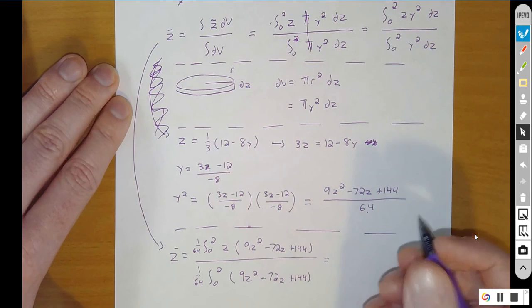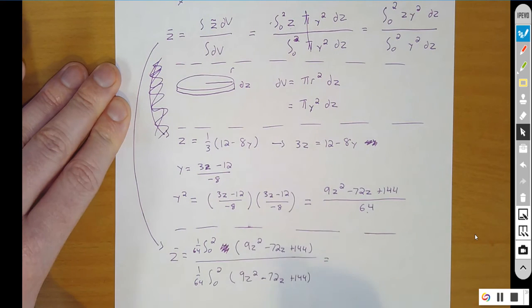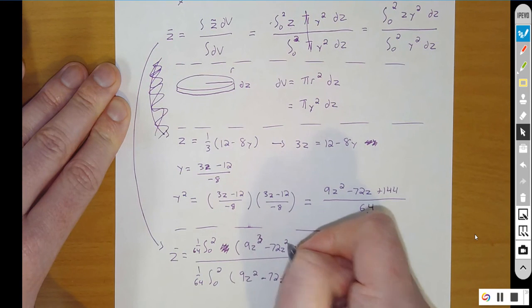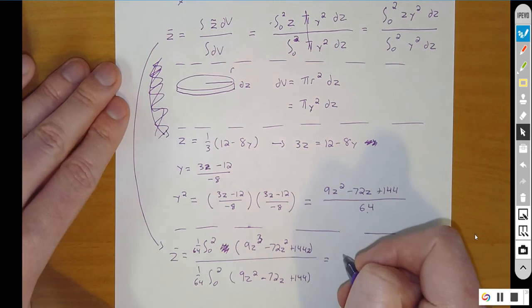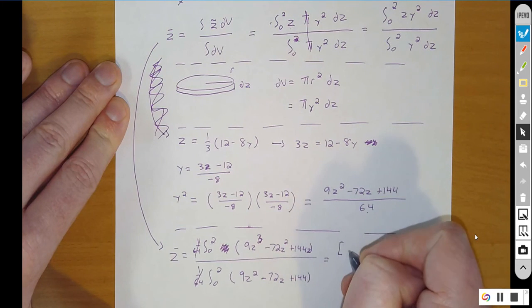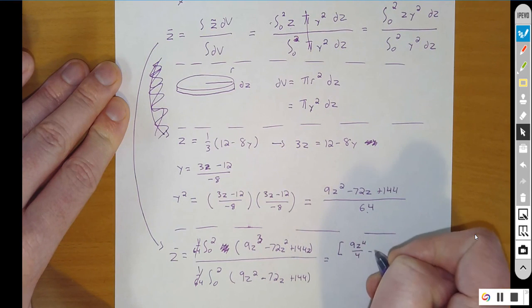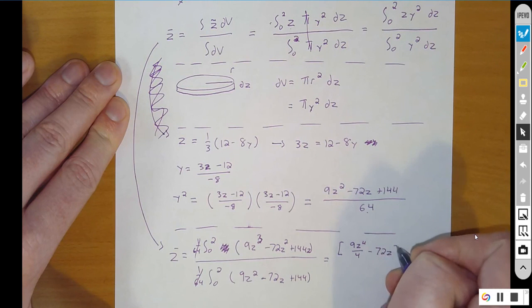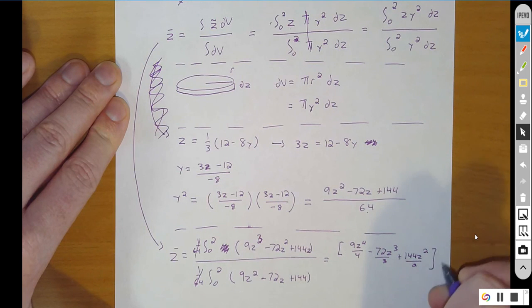The z is distributed in there, so this becomes a third, a squared and a z. Then you integrate this, which is not too hard. The 64s go away, and I get 9z to the 4th over 4 minus 72z cubed over 3 plus 144z squared over 2, from 2 to 0.